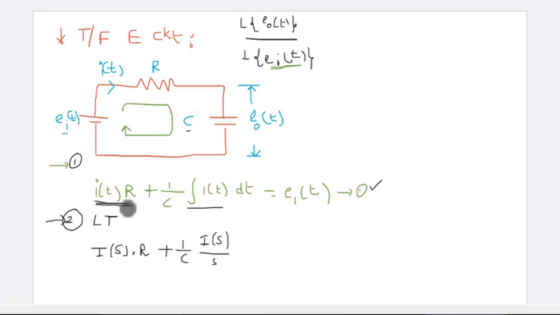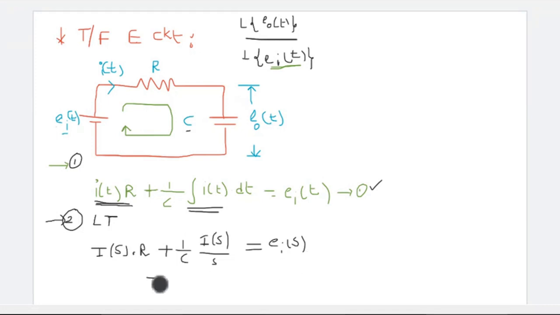We apply the Laplace transform to the first term as well as the second term, and that is equal to the Laplace transform of Ei of t, which is Ei of s. Am I clear, or any confusion?